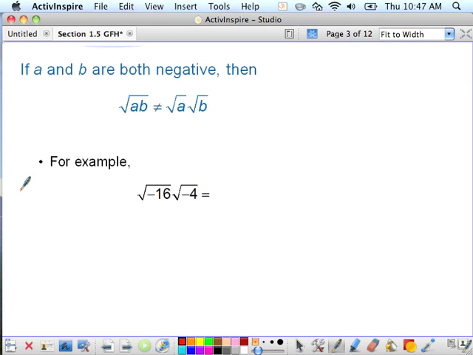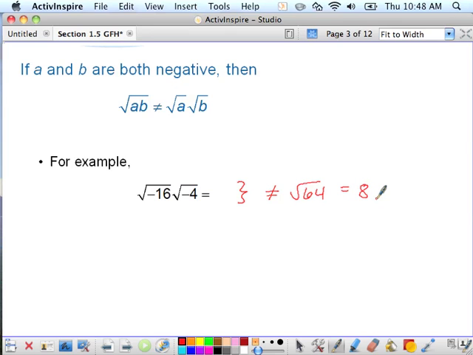You are not allowed to just multiply that together and say that that is the square root of 64. That's not the square root of 64. The square root of 64 would equal what? 8. That is not what this equals.